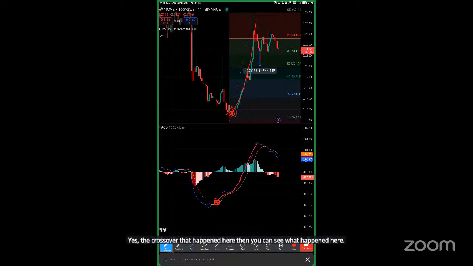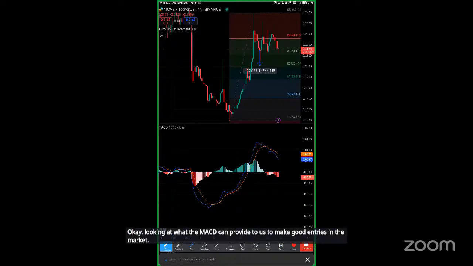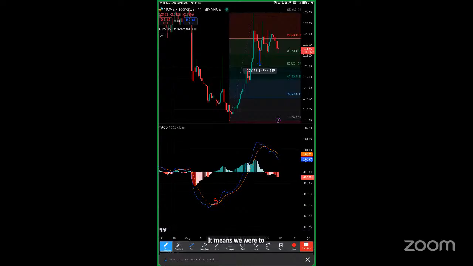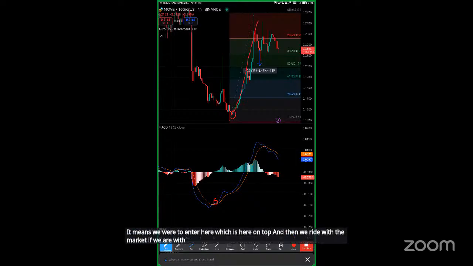If you were to use this to enter the market, looking at what the MACD can provide to us to make good entries, it means we were to enter here, which is on top, and then we ride with the market. So this is a rising market after the MACD has made a crossover.